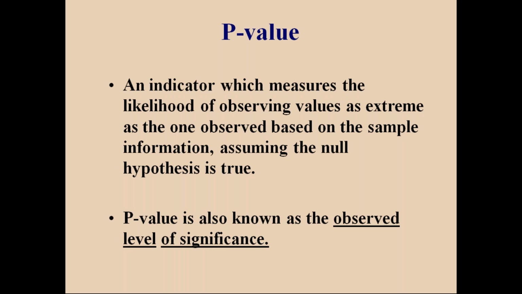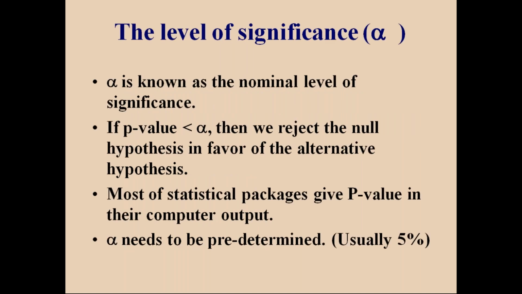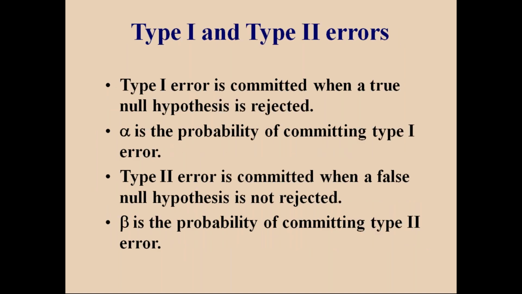The level of significance sigma is known as the nominal level of significance. Second point, if p-value is less than sigma, then we reject the null hypothesis in favor of the alternative hypothesis. Most statistical packages give p-value in their computer output. Sigma needs to be predetermined, usually 5%.